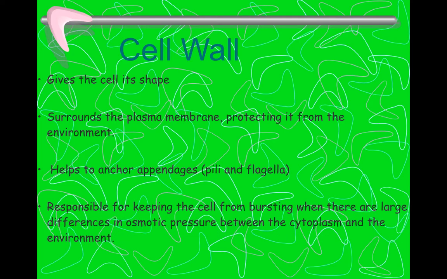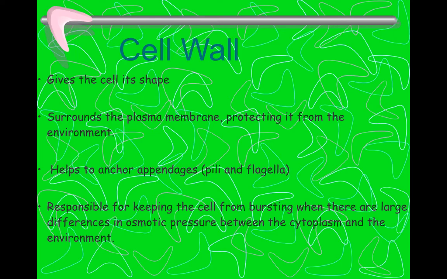All right, cell wall. Cell wall gives the prokaryote its shape. It surrounds the plasma membrane, protecting it from the environment. It helps anchor appendages like pili or flagella. And it's responsible for keeping the cell from bursting when there's a large difference in osmotic pressure.